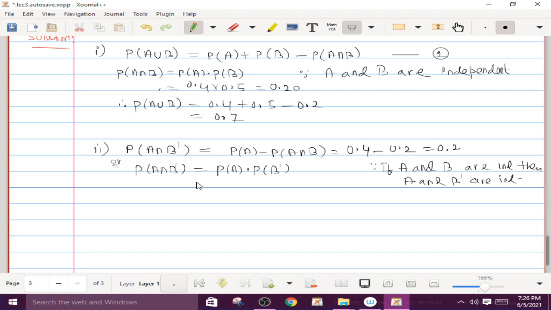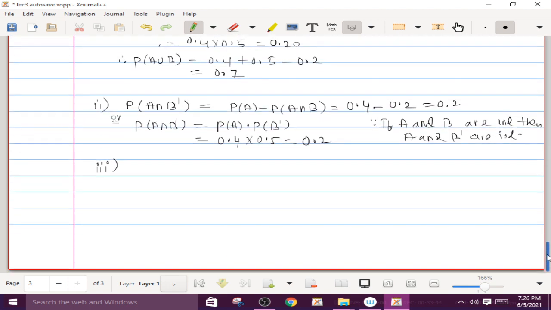So the probability of A is 0.4, probability of B is 0.5, that's why probability of B complement is also 0.5. So the answer is 0.20, which is nothing but 0.2. Okay, so both ways you can compute this probability. If it is given that the events are independent, then use this formula.